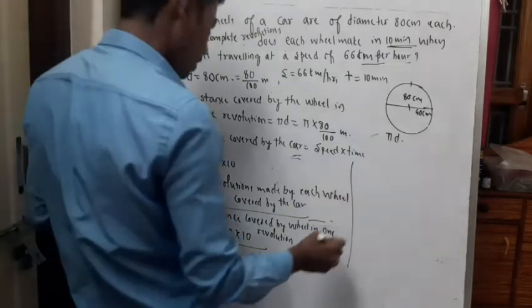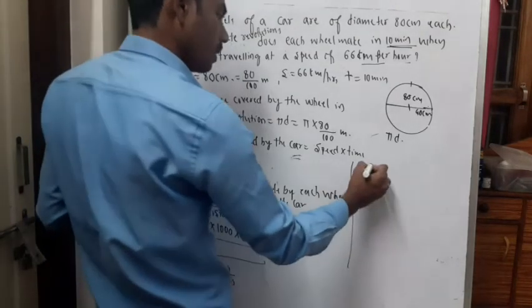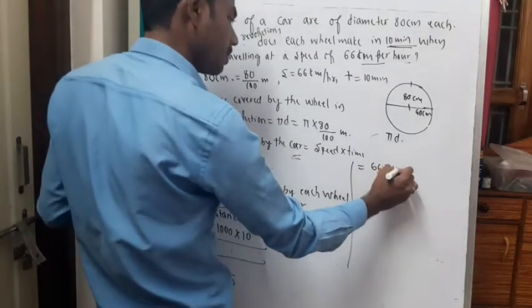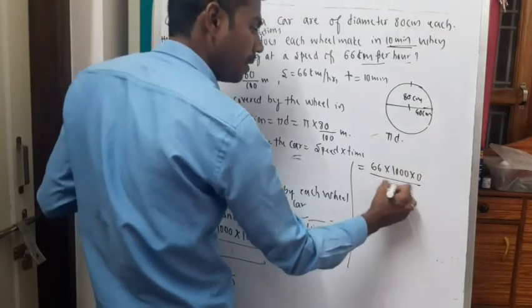So I am going to continue here, which is equal to 66 into 1000 into 10 divided by 60, divided by pi into 80 divided by 100.